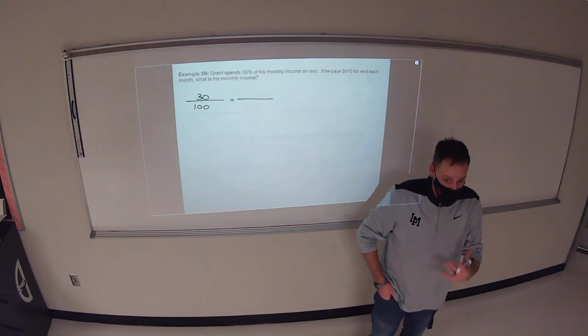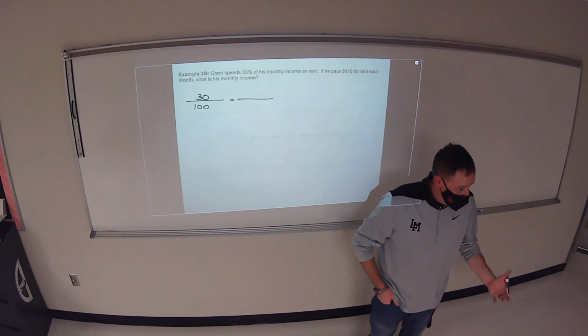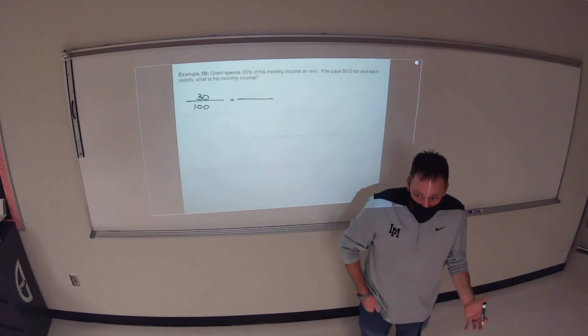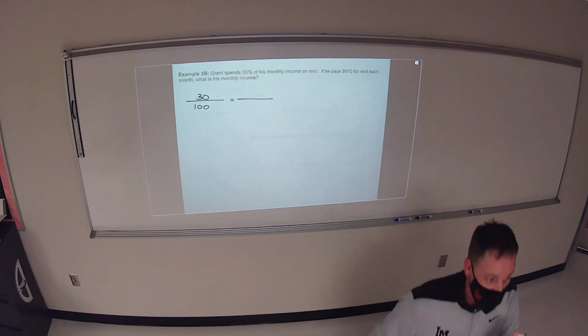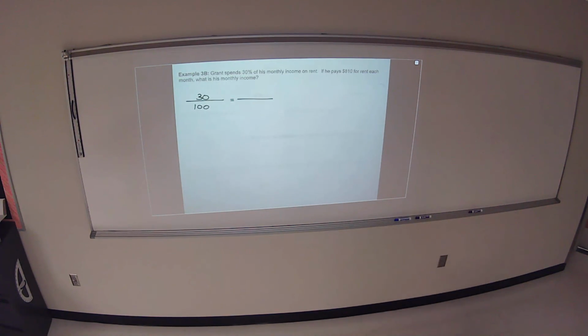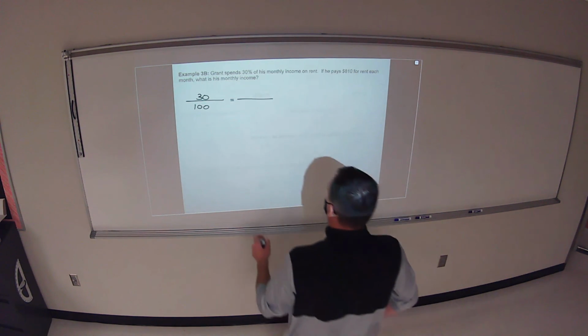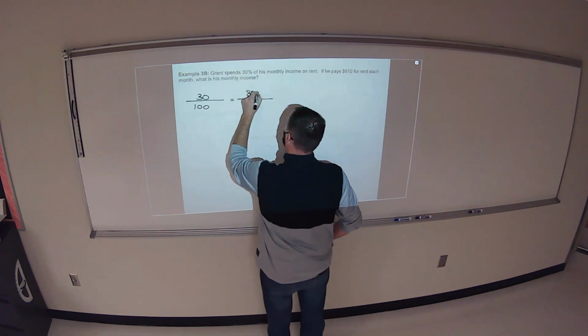How do I set up the second half of this? Well, if you don't set it up right, it's not going to be right. So, is the $810 part of his monthly income or all of his monthly income? It's part. So where does 810 have to go? It's got to go on the top. Part goes on the top, whole goes on the bottom.